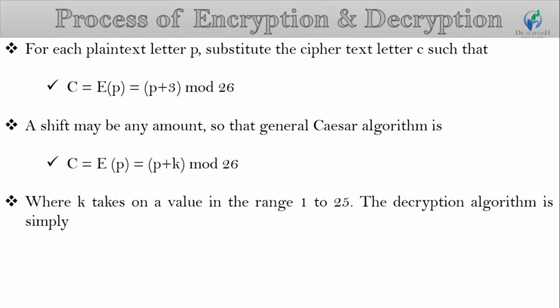The decryption algorithm is simply P is equal to D of C, which is equal to C minus K mod 26. So I hope you can understand the encryption and decryption process of Caesar cipher.